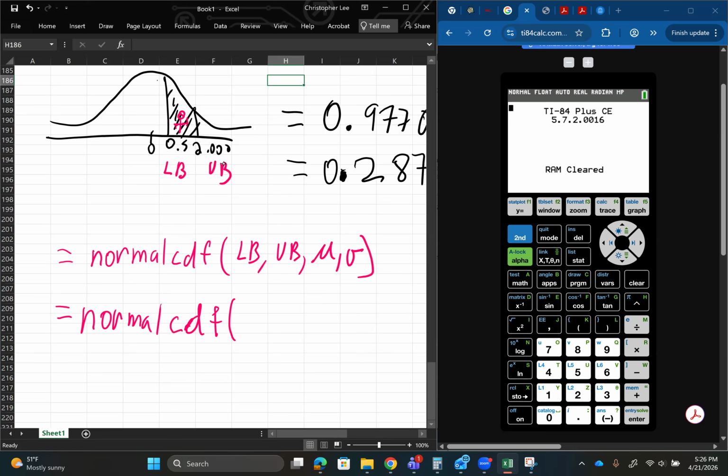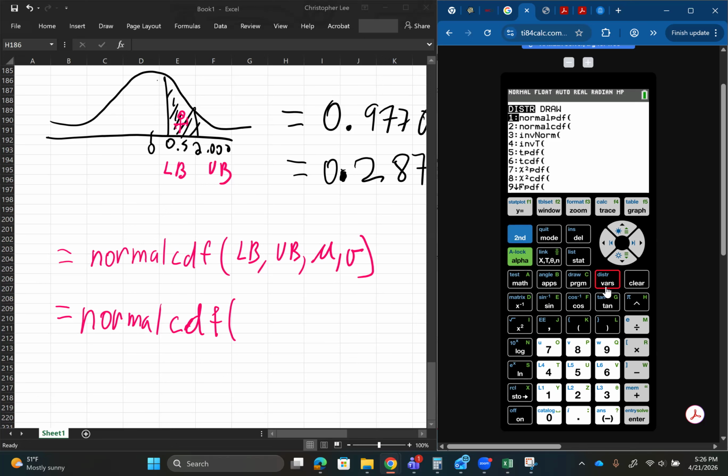Look, you go second distribution, go down to normal CDF. Lower bound here is 0.5. Upper bound 2.00.